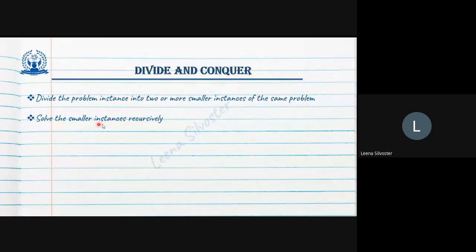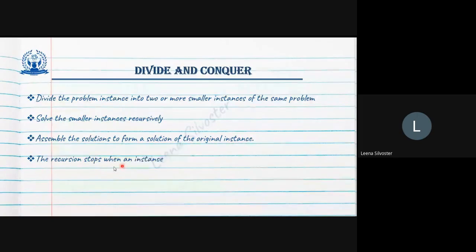Then we will solve the smaller instances recursively. And after solving the smaller instances, we will combine all the solutions of these smaller instances to form the original instance. The recursion stops when an instance is reached which is too small to divide. I will explain.